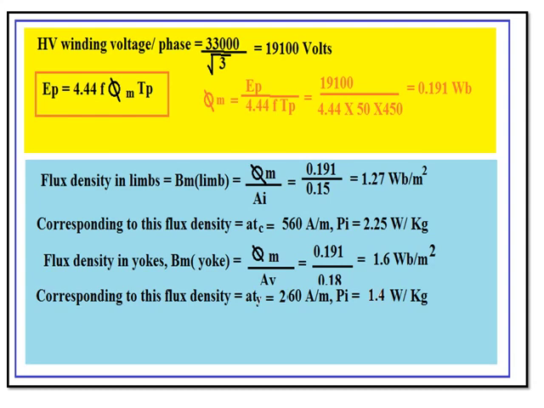For example, corresponding to 1.27 Weber per meter square, from the graph, ampere turns per meter is 560 ampere turns per meter. Then loss per kg is 2.25 watts per kg.